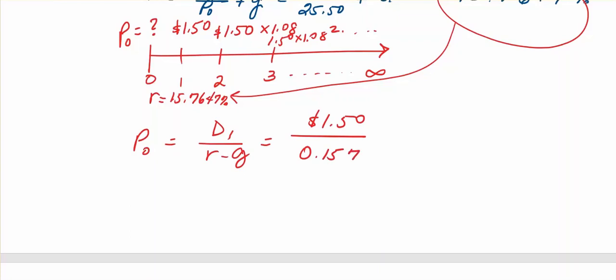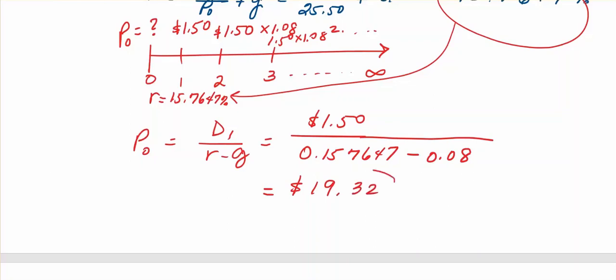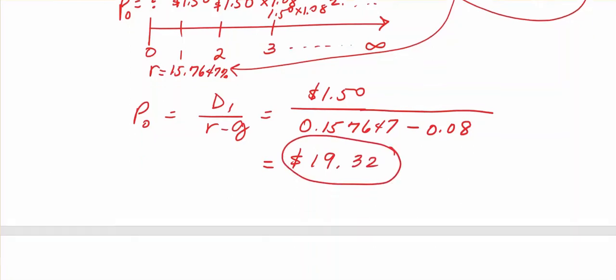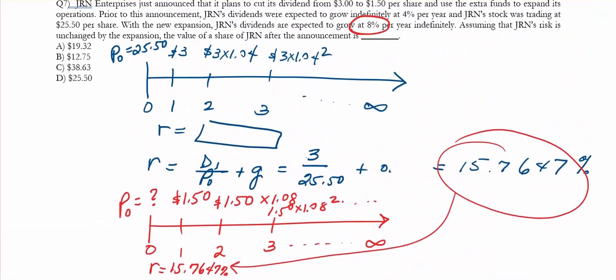The required rate of return is evidently 15.76%, but the growth rate is now 8%. So put that into your calculator and you get a new price of $19.32. And we see that that is answer A.